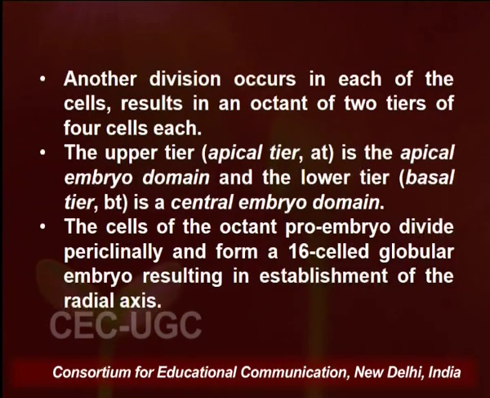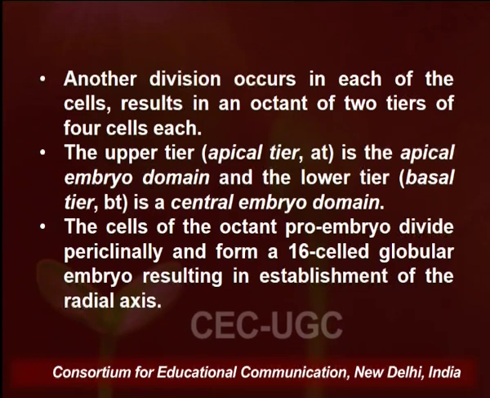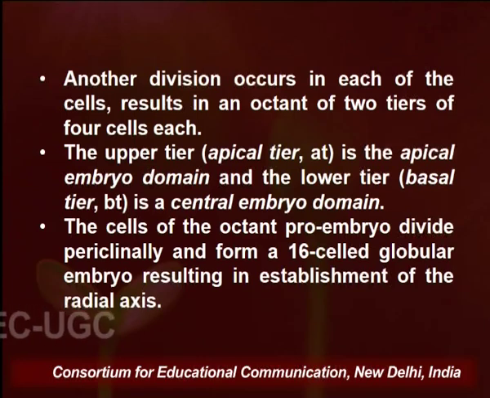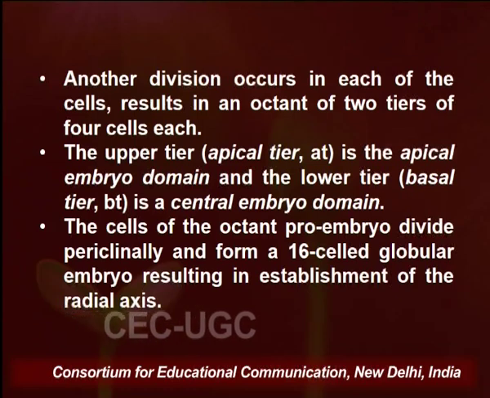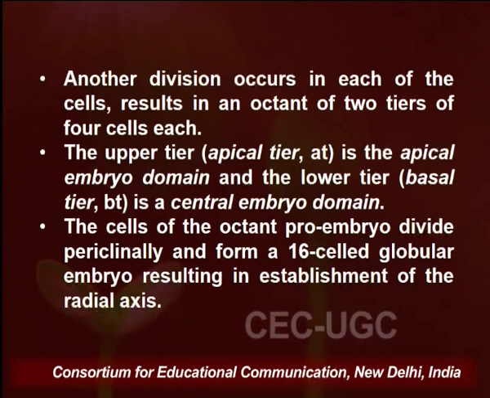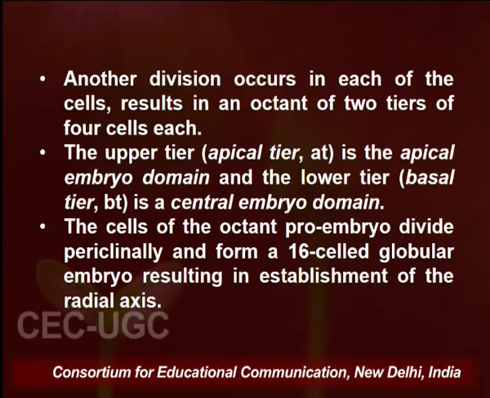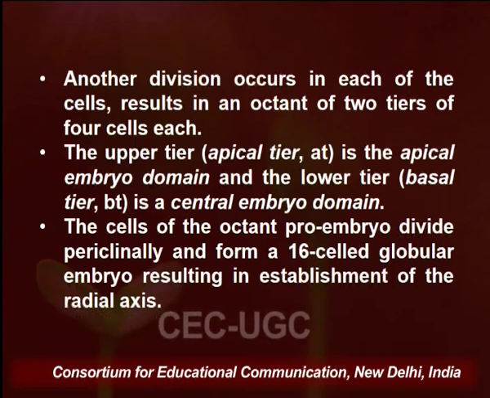Another division occurs in each of the cells and it results in an octant, and this octant has 2 tiers of 4 cells each. The upper tier, the apical tier, is the apical embryo domain, and the lower tier, the basal tier, is the central embryo domain.